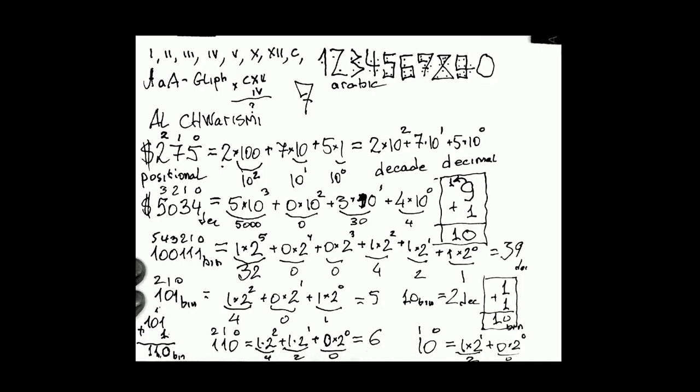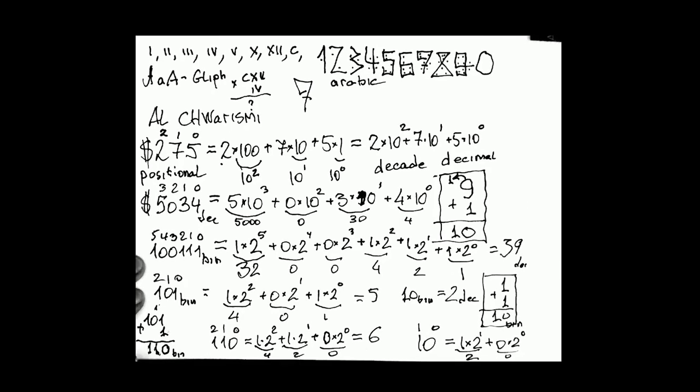Folks, look what we did. We just proved that an arithmetical action like addition, when we add 1 to 101, gives you 110, which is 6 in decimal. That is absolutely incredible, the result of these calculations.